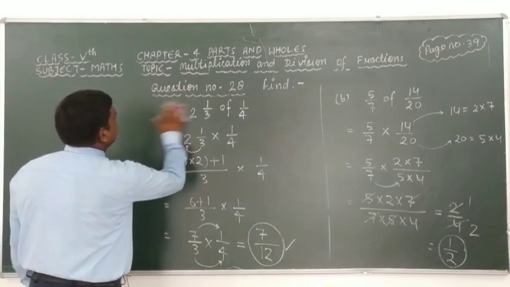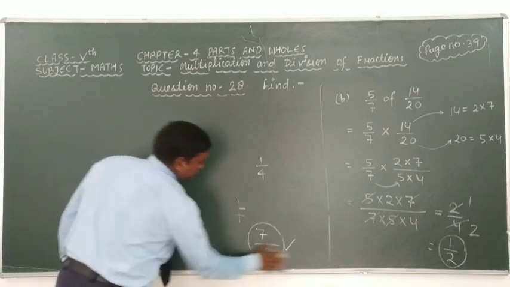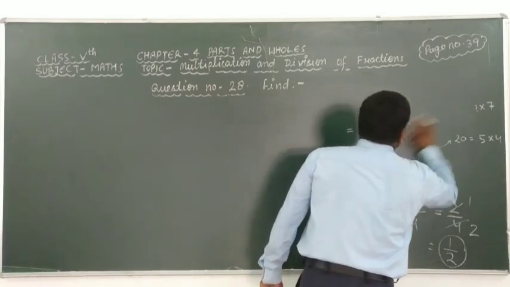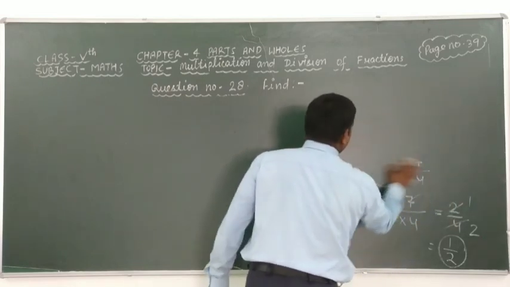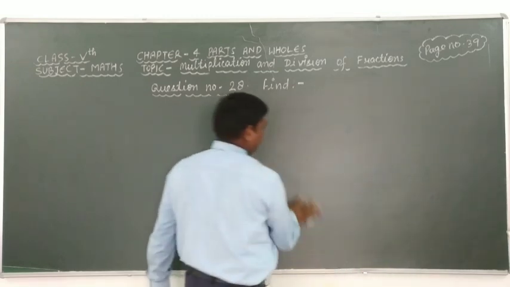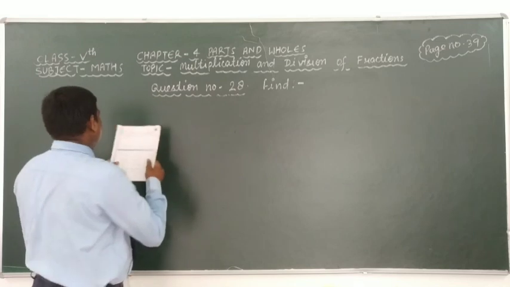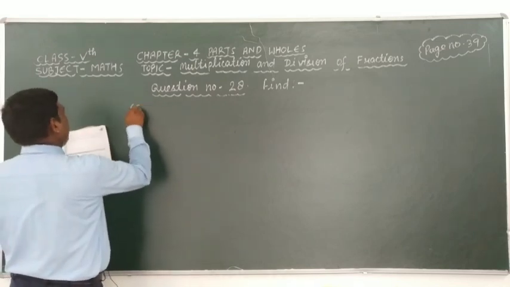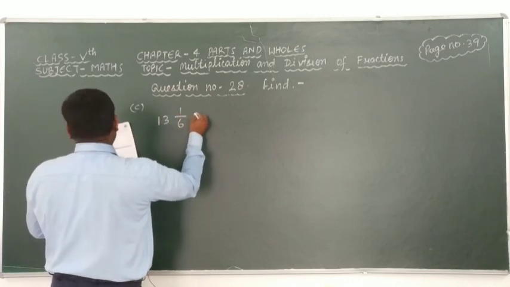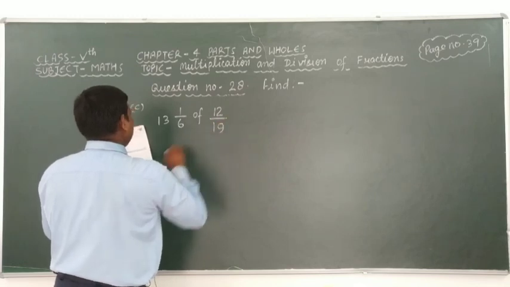Now read this. Question number 28 of C. Here it is given 13 whole 1 over 6 of 12 over 19.